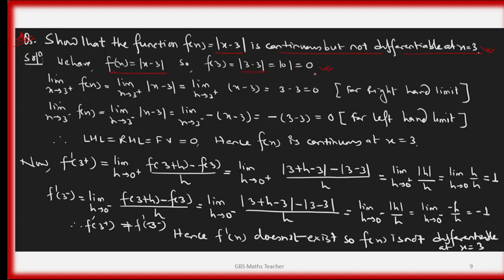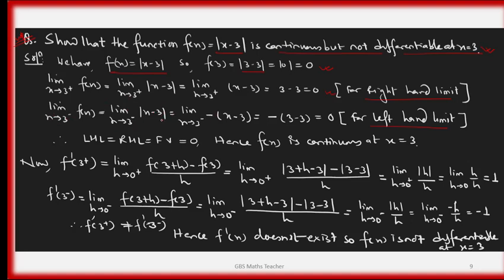Functional value is 0. For the right hand limit, limit x tends to 3 plus, 3 minus 3 is 0. For the left hand limit, limit x tends to 3 minus of f of x is limit x tends to 3 minus of mod x minus 3.